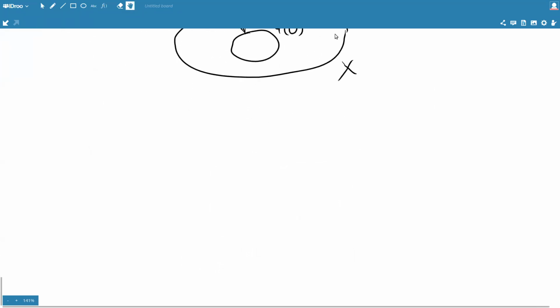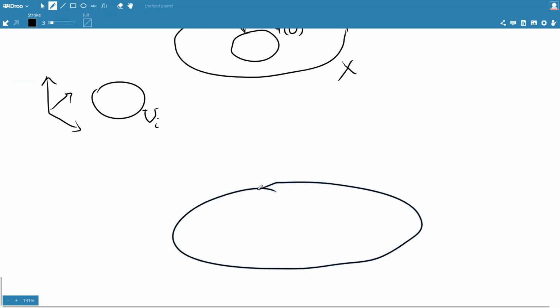Again, I draw the same picture. Say U_i and another chart, this is X, another chart, both charts living in R^n.